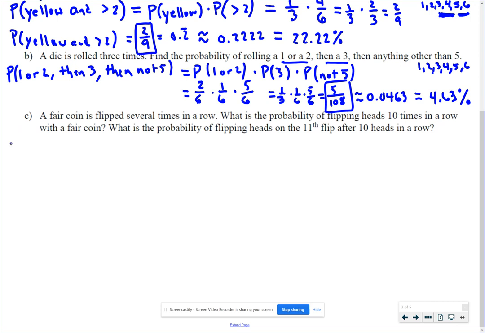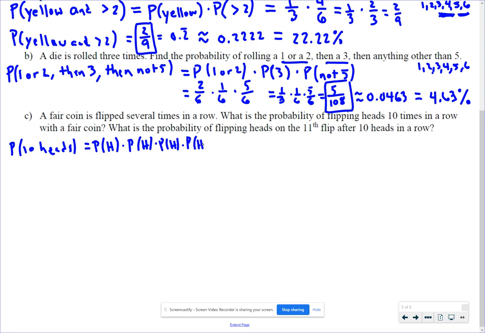Okay, so let's do this. Probability of 10 heads in a row. Heads 10 times. These events are independent, so that probability is going to be the probability that we land heads 10 times, right? And each of those probabilities is going to be 1/2.